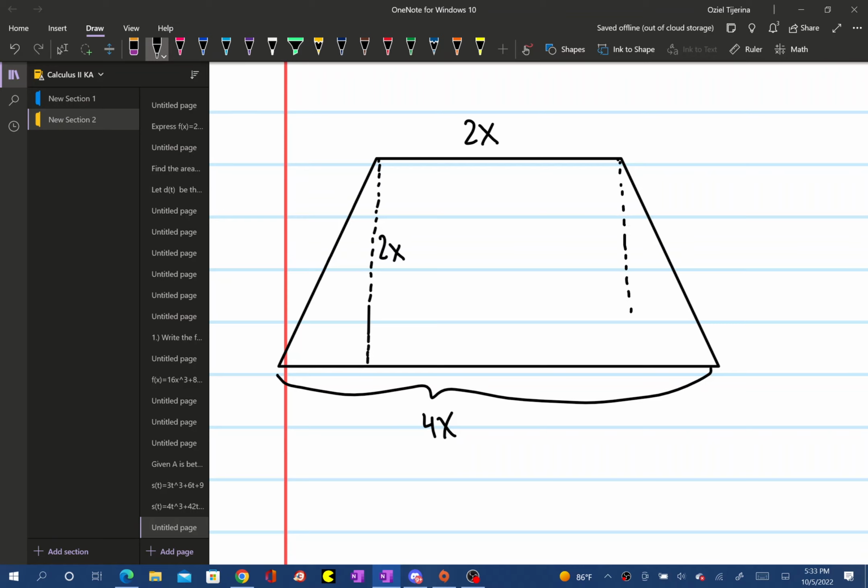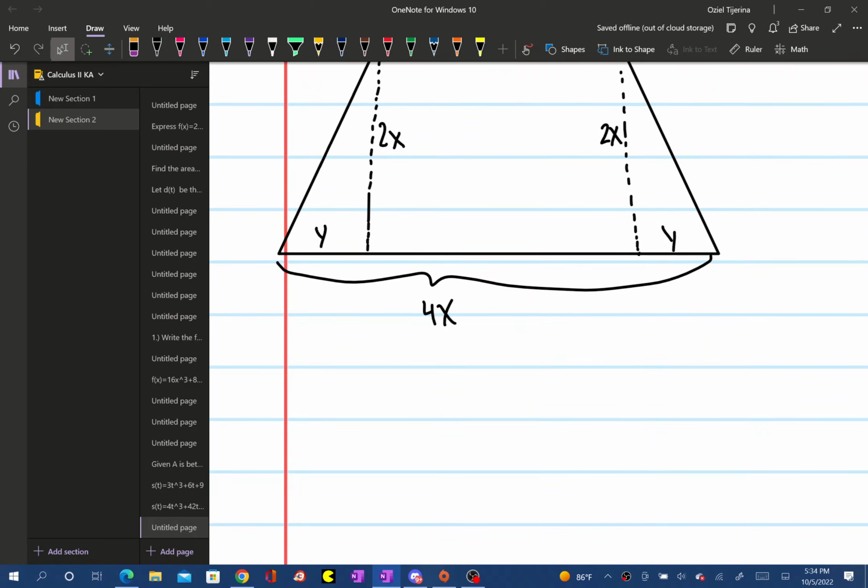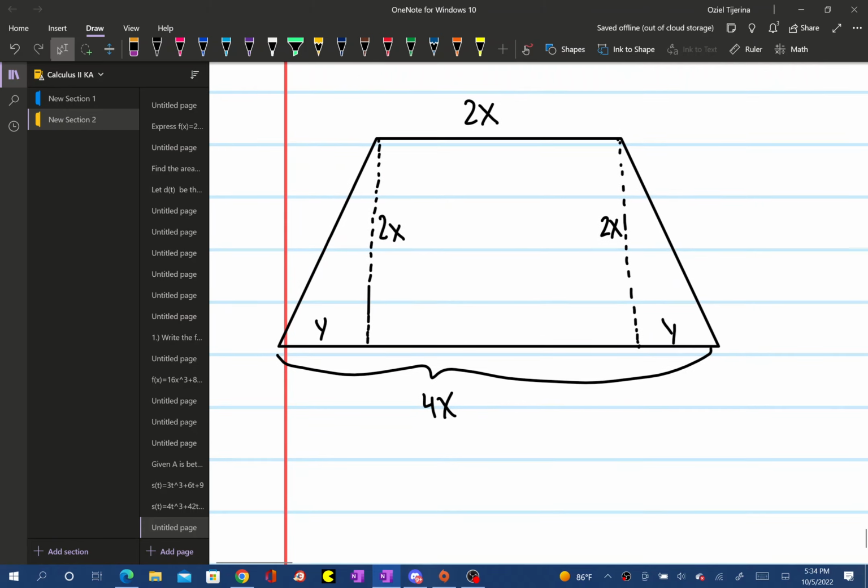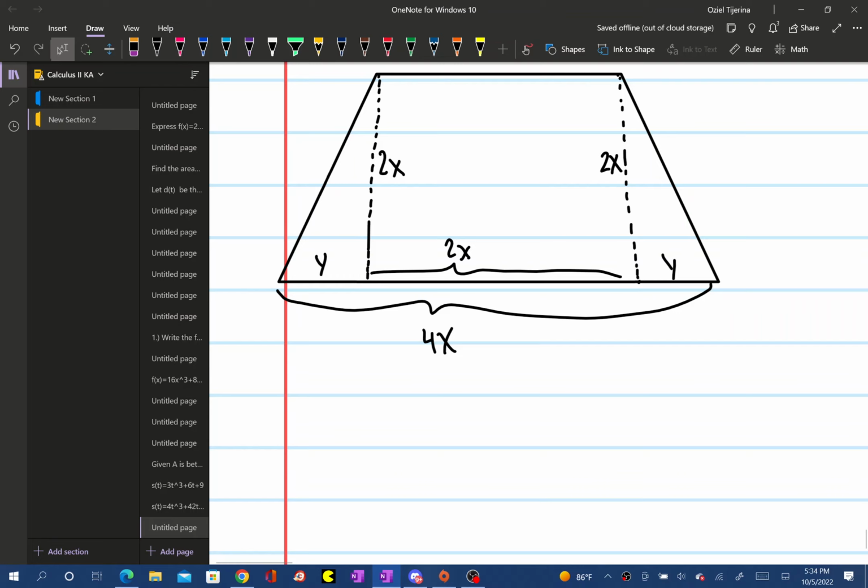Okay, so let's see, this is 2x, and we know that if we say this is, I don't know, y units, and this part would be 2x, so we would say 2y plus 2x equals 4x.